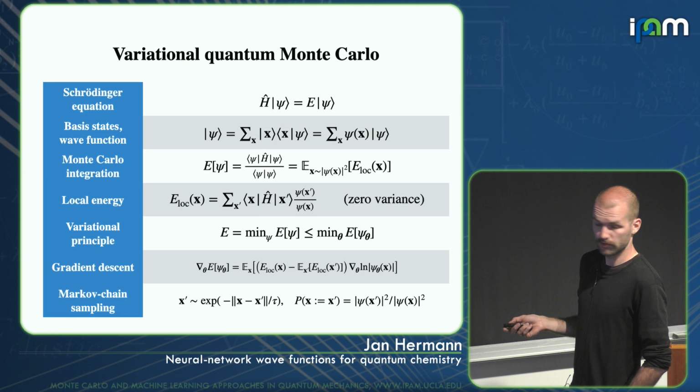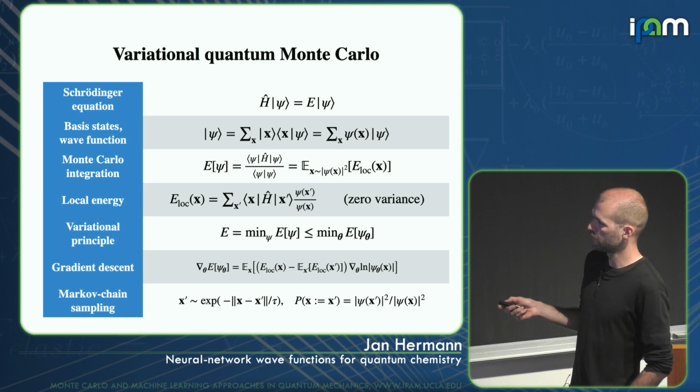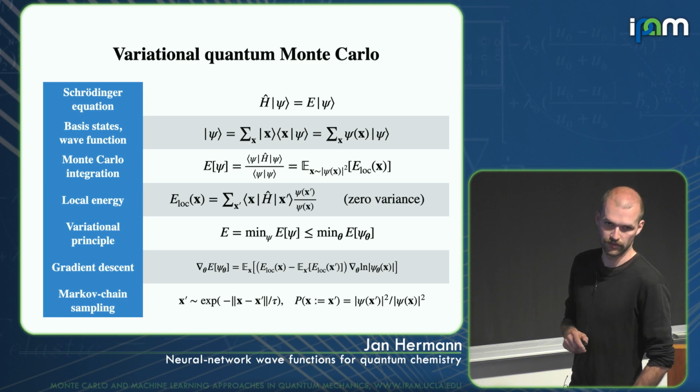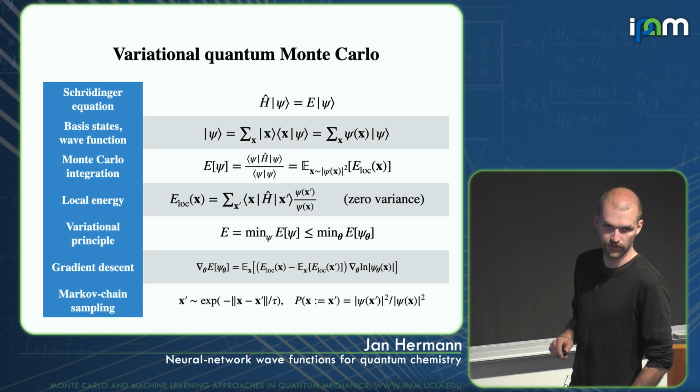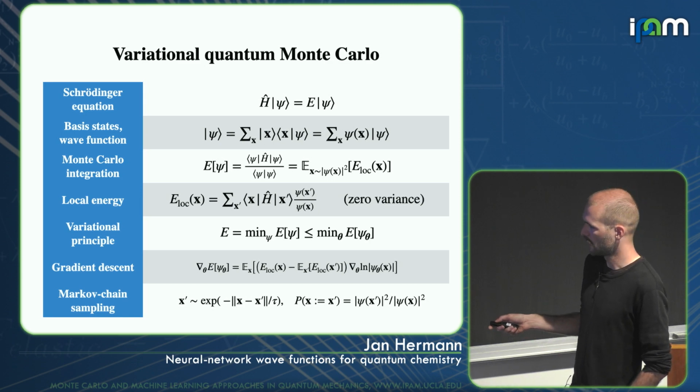Then there is the variational principle, which is really just a different way to formulate the Schrödinger equation, at least for the ground state, where you can get the energy not by solving the eigenvalue problem, but by minimizing the expectation value over all the possible wave functions. In practice, you would parametrize some sort of ansatz and just minimize over the parameters, and that gives you an upper bound.